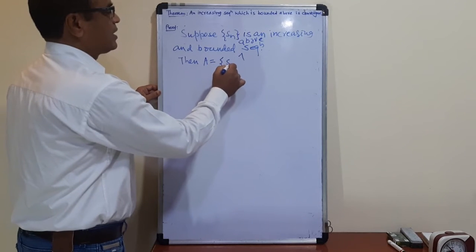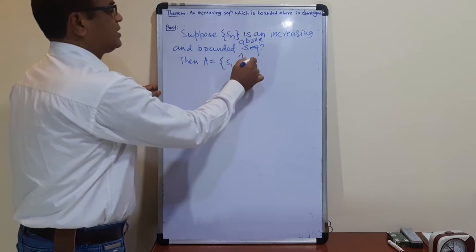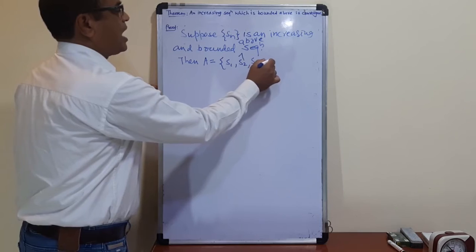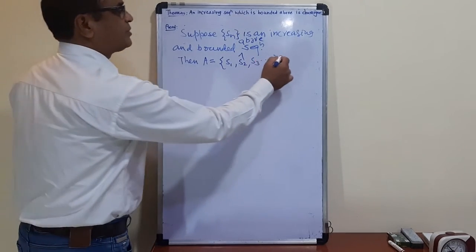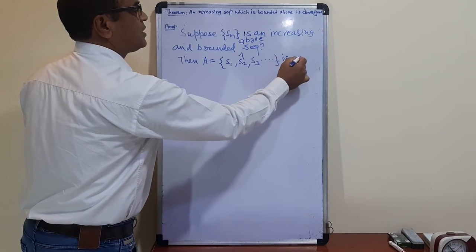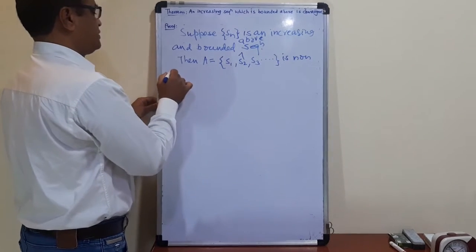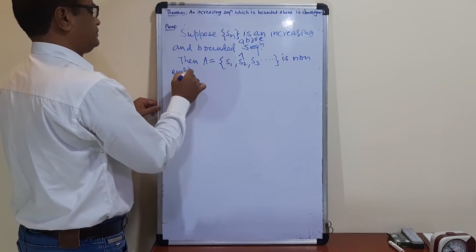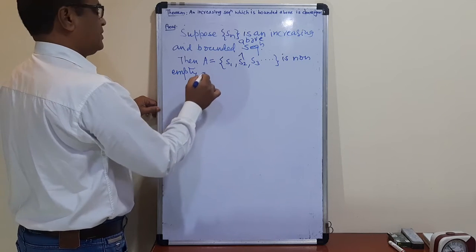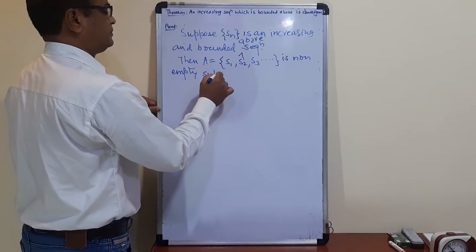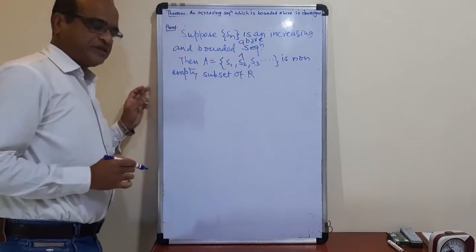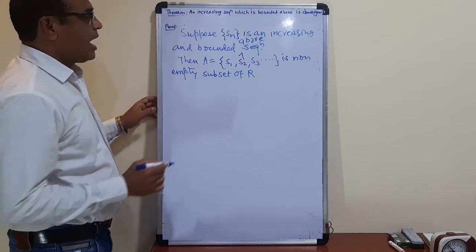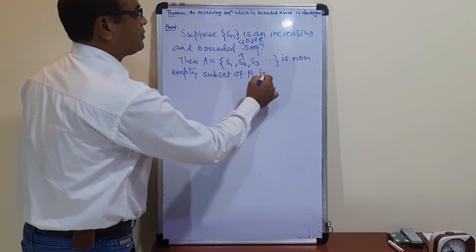So that is S1, S2, S3 and so on. Is a non-empty subset of R and is bounded above.